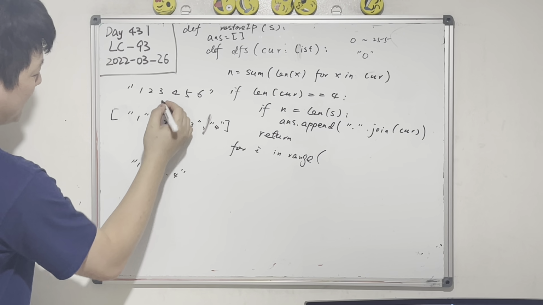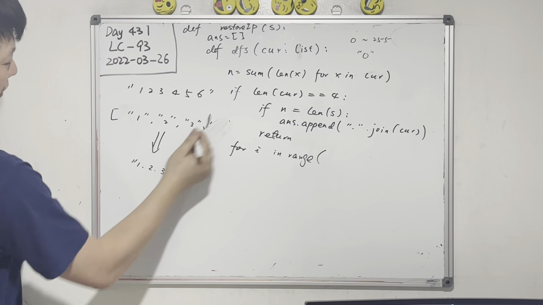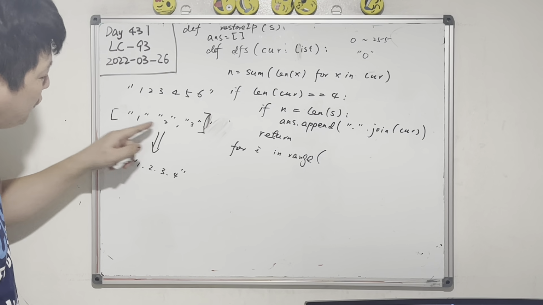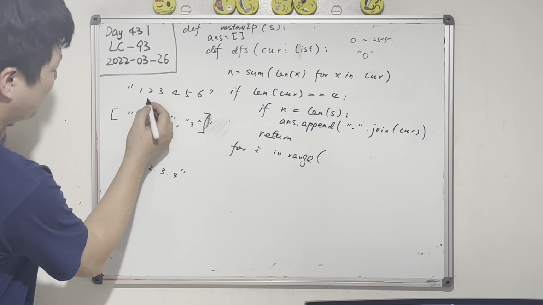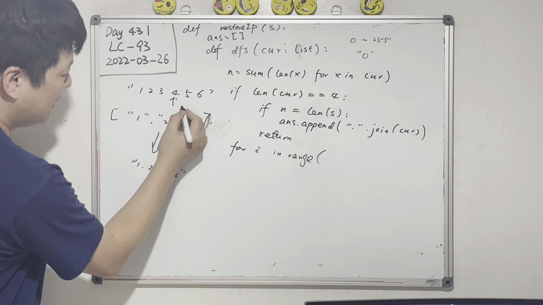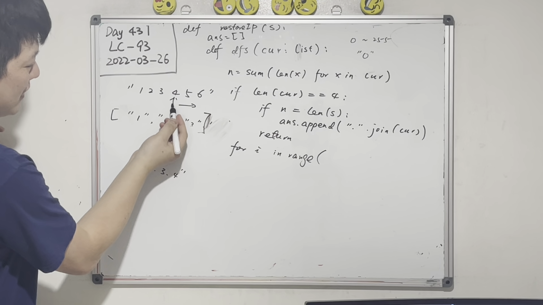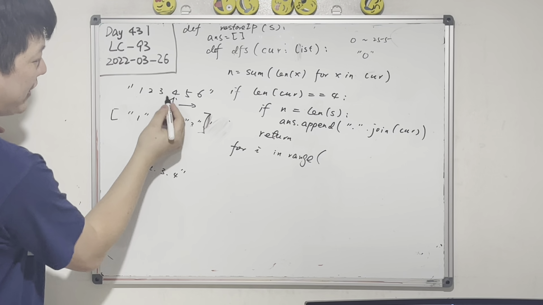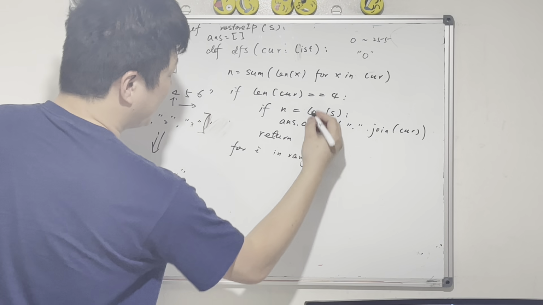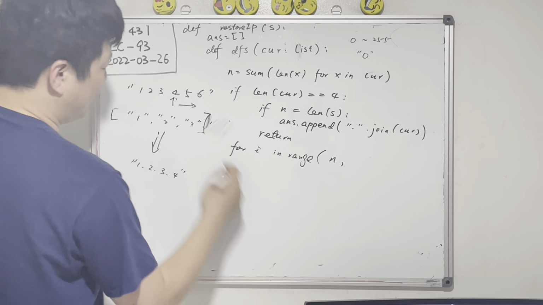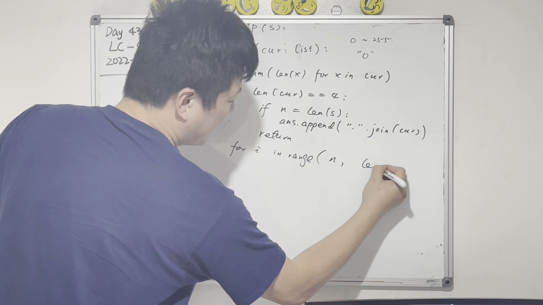For example, if we have 1.2.3, there are only 3 digits, so n is 3. We can try on the 4th digit, so that will be n up to what? To the n, right?